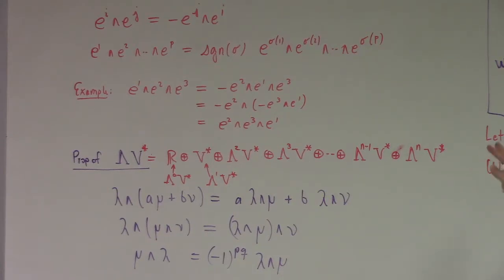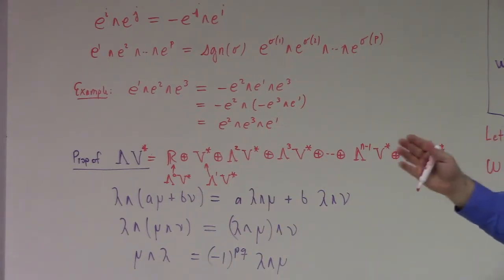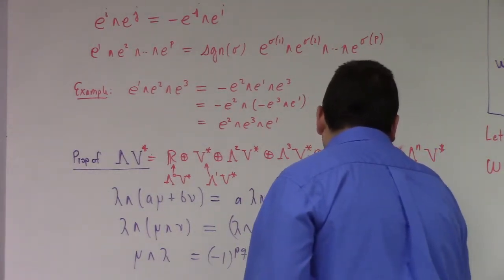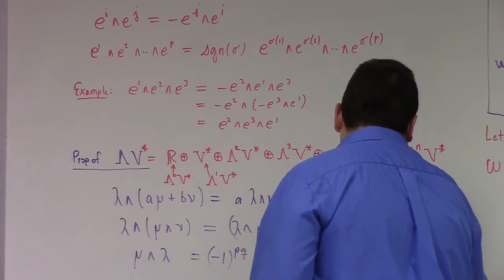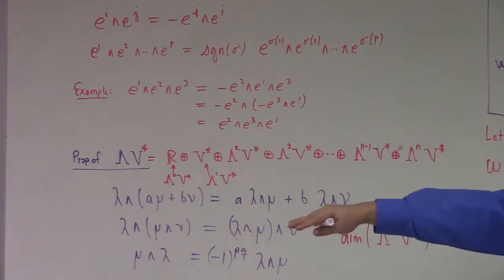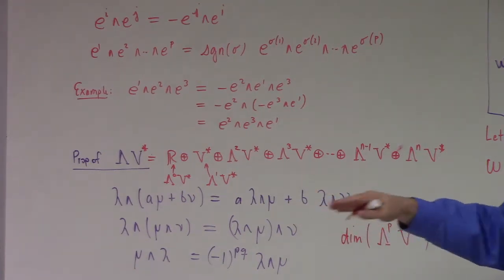We could count here what the dimensions of these different spaces are, right? That becomes a question of how many ways you can choose. So for the p forms, it's a question of how many ways you can choose p distinct increasing sets of indices from n indices, right? So what's the dimension of the p forms? We're choosing p distinct elements from n distinct elements, let's say.